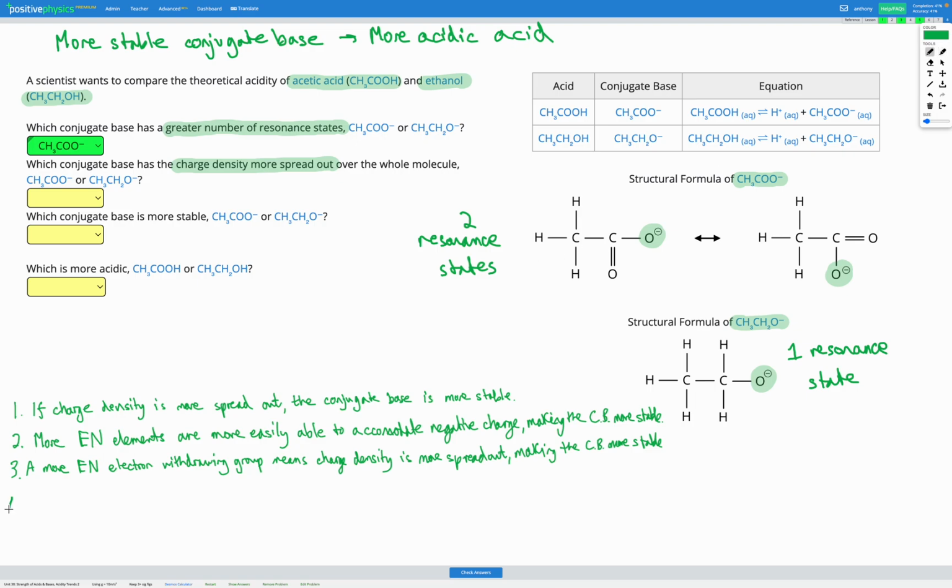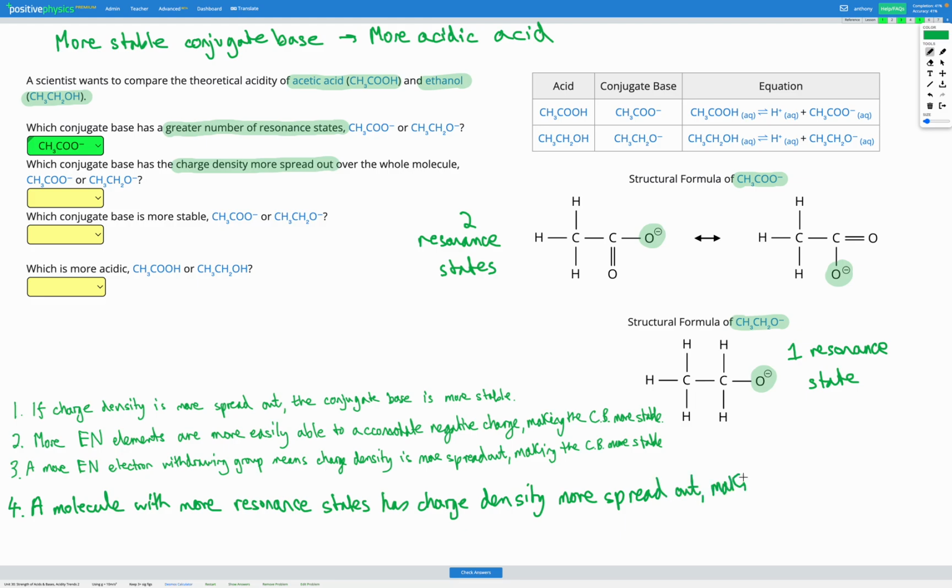That's going to be our fourth rule. A molecule with more resonance states has charge density more spread out, making the conjugate base more stable.